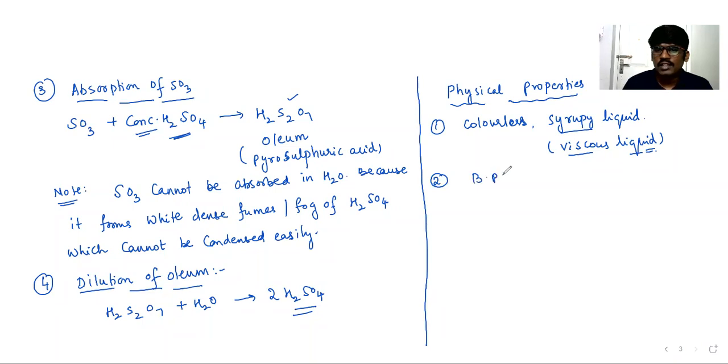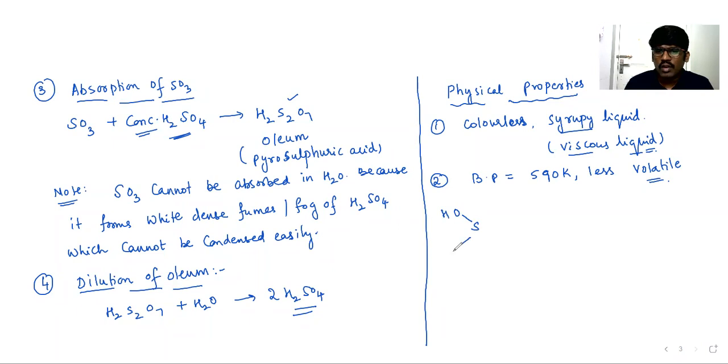Its boiling point is around 590 Kelvin. Very high boiling point. That's why it is a less volatile acid. Boiling point is 590 Kelvin and less volatile.